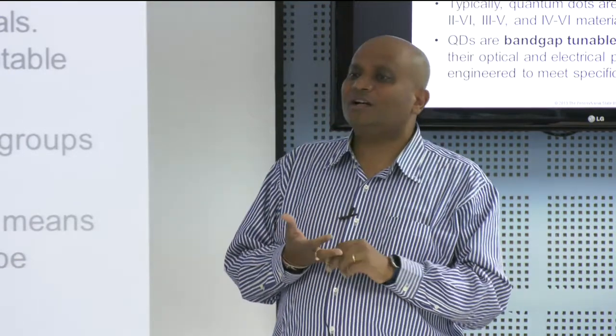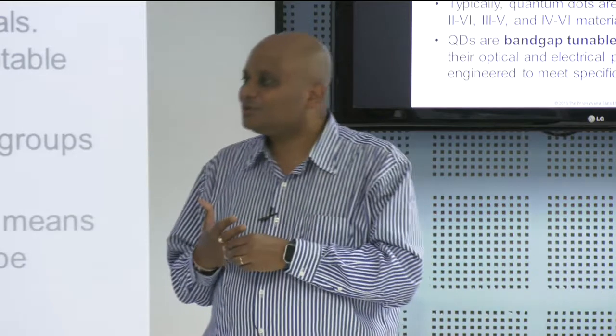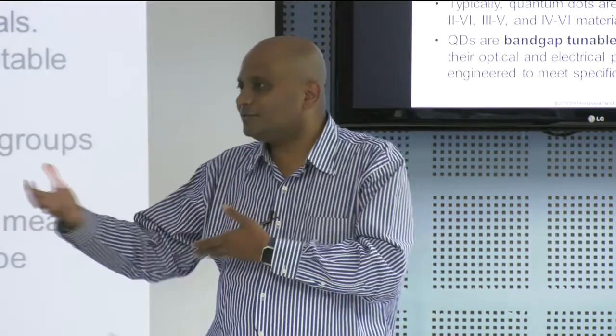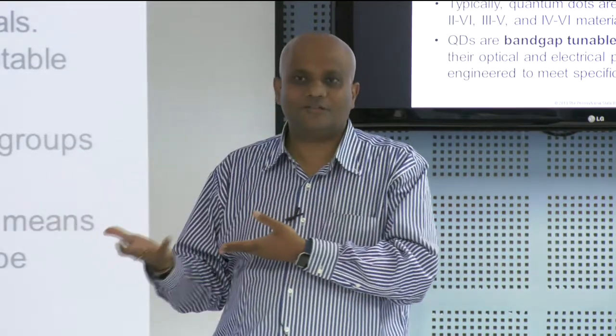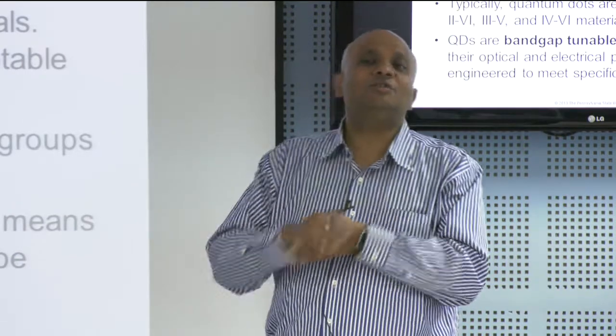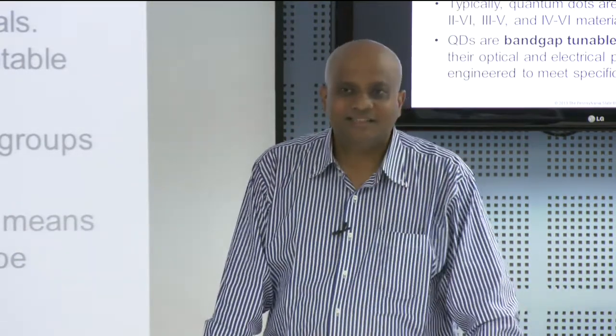So, that is one of the main issues with silicon, and we could not do anything with the band gap of silicon. That is why it is not used as an optical sensor.